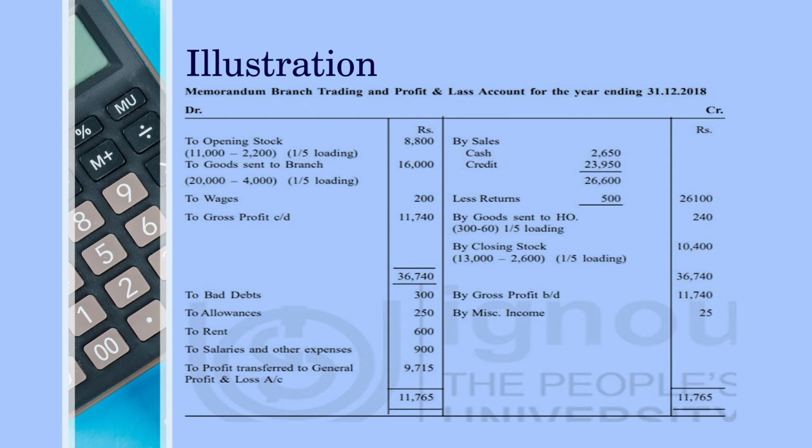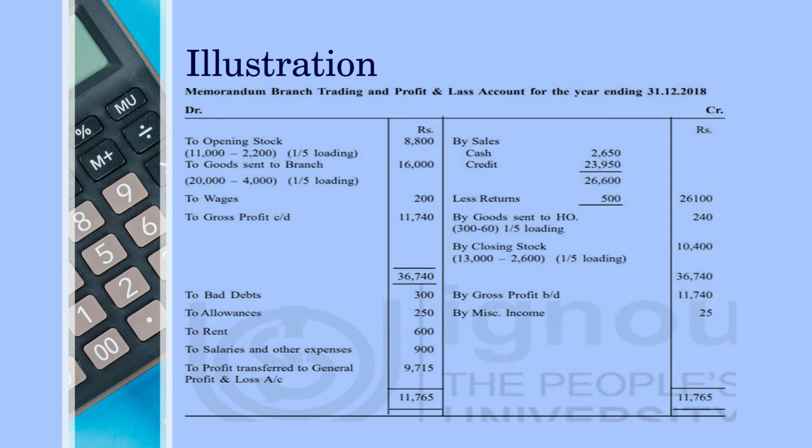Therefore, it must also be recorded in the credit side of profit and loss account, 25. So if we make the total of this, 11,740 and 25, it comes to 11,765. This is the total of the credit side of trading and profit and loss account.